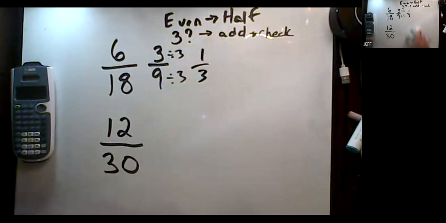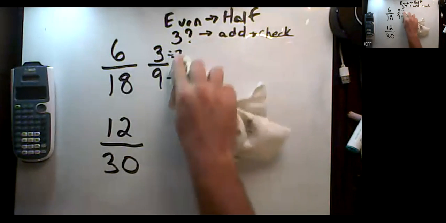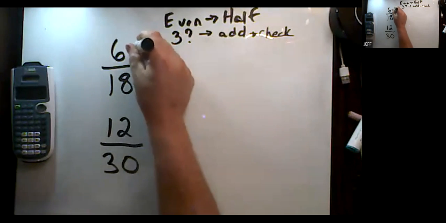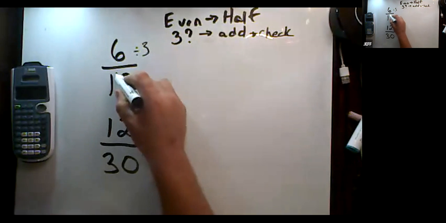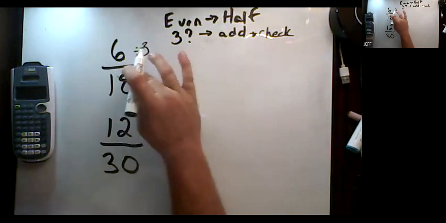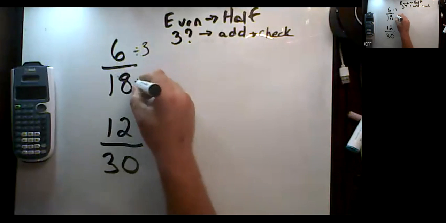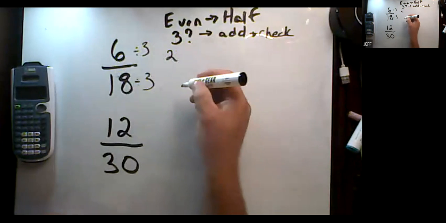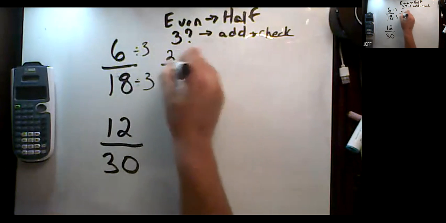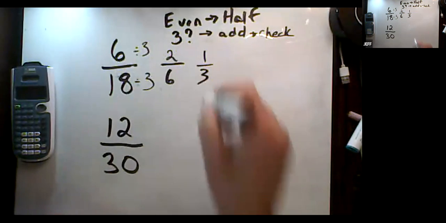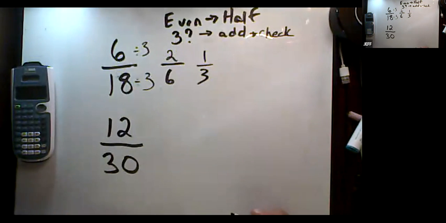If we had started from the very beginning with dividing by 3, 1 plus 8 equals 9, so that means 18 is divisible by 3. We divide that by 3. This would be 2. This would be 6. These would both be even. You could cut them in half again, and we're still going to get to 1/3.